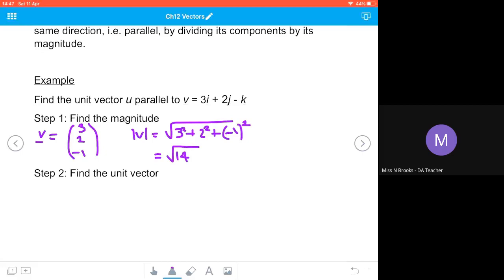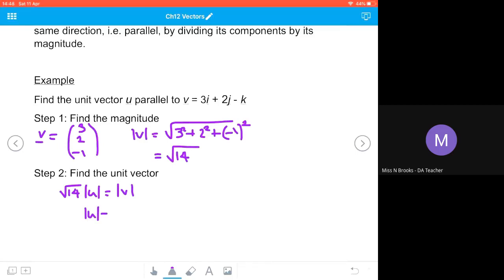And that's because, if we think about it, we have root 14 times the unit vector is equal to our vector v. So if we divide both sides by root 14, then we're going to end up with vector u on its own. We can write that in 2 different ways.